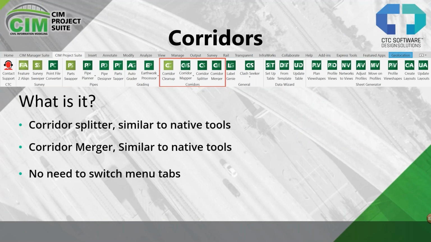We also offer corridor splitter, which is very similar to the native tools, but you won't have to leave our toolbar if you have it active, along with corridor merger. So again, we don't have to switch to the Civil 3D contextual tabs to do that.